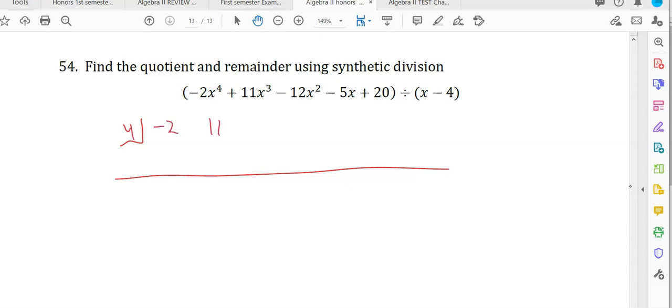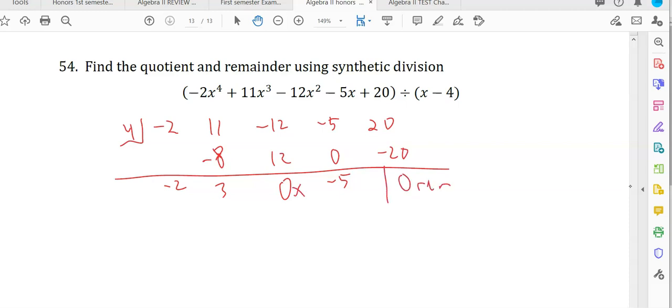-2, 11, -12, -5, 20. Okay, so -2, -8, 3, that's an 8. 12, oh, we like that, 0, 0, -5, -20. So remainder is 0.